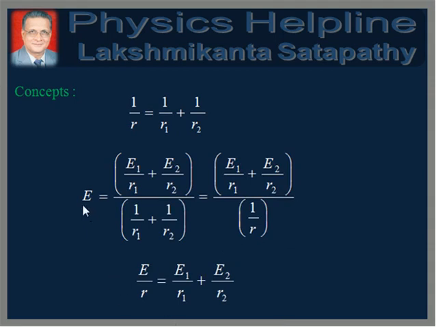Therefore, we have E is equal to (E1 by R1 plus E2 by R2) divided by (1 by R1 plus 1 by R2), which is equal to, the numerator remains as such and the denominator becomes 1 by R. So cross multiplying with R, we get E by R is equal to E1 by R1 plus E2 by R2.